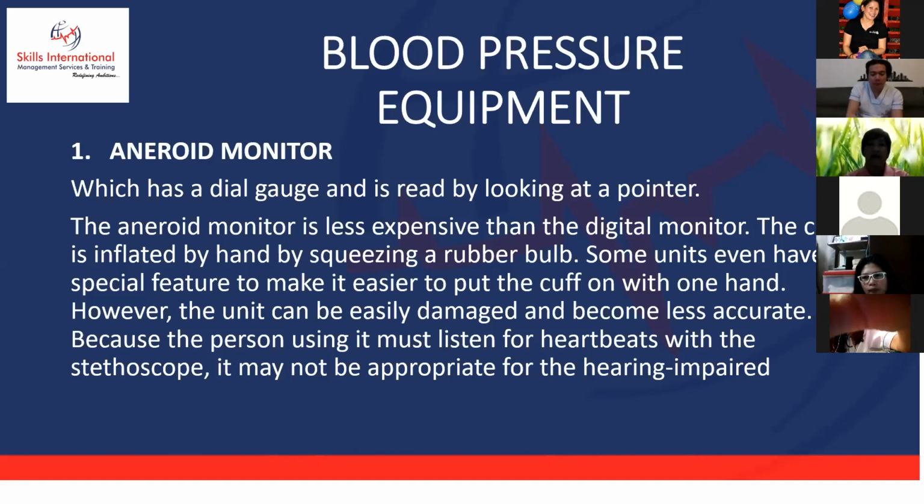However, the unit can be easily damaged and become less accurate. The person using it must listen for the heartbeats with a stethoscope, so it may not be appropriate for the hearing impaired. If you are hearing impaired, or have something wrong with your ear, it is difficult for you to hear an accurate blood pressure measurement.